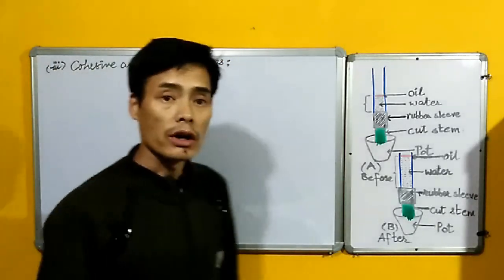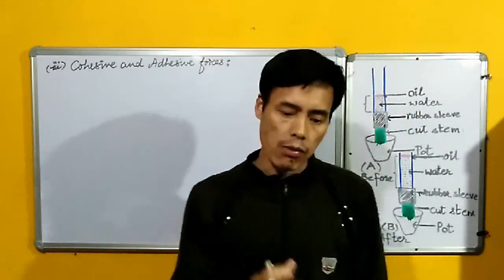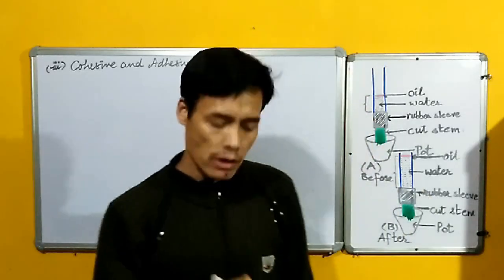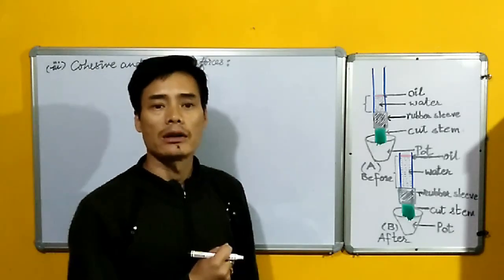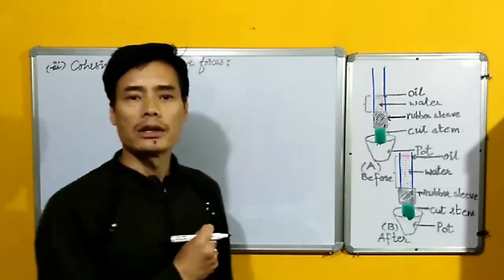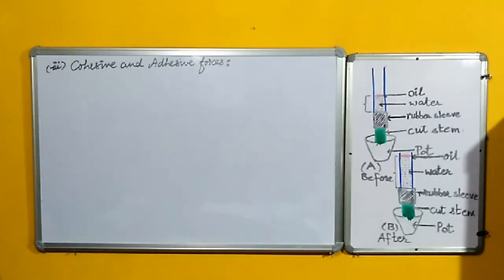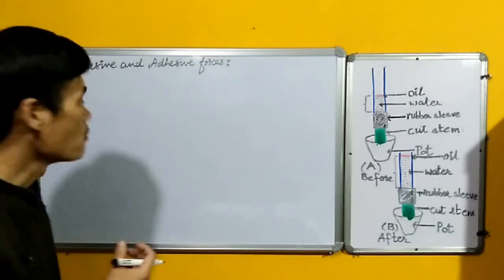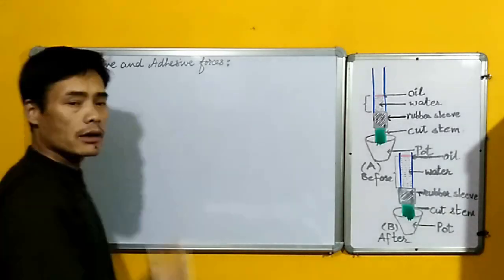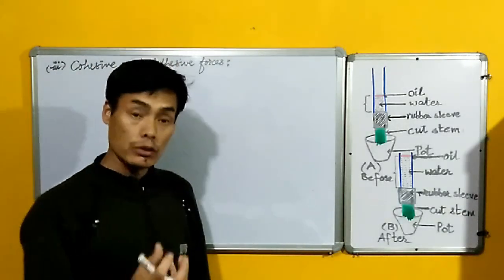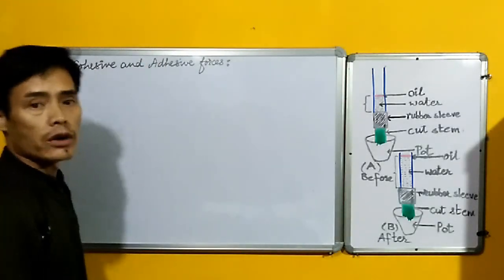We know water molecules bind with each other due to hydrogen bonding, and at the same time water also binds with a given surface due to surface attraction. The binding of the water molecules with one another due to hydrogen bonding is due to cohesive force, and the ability of the water to stick to a given surface is due to the adhesive forces.